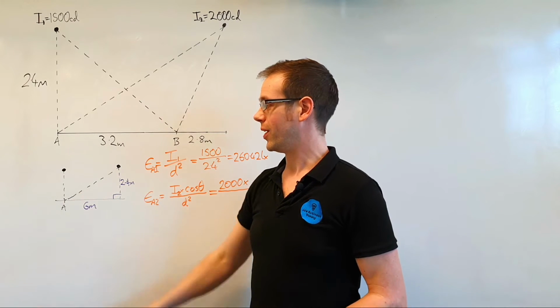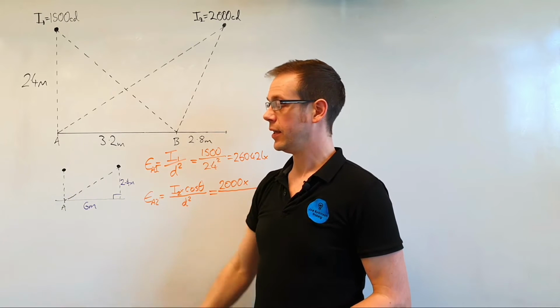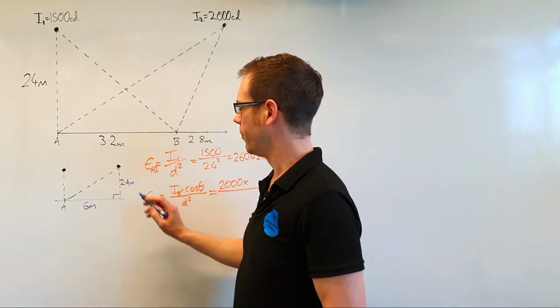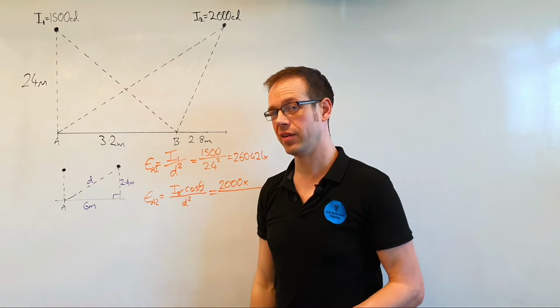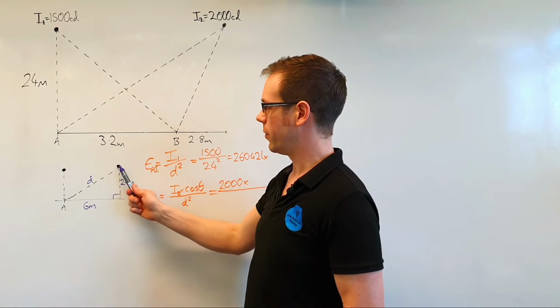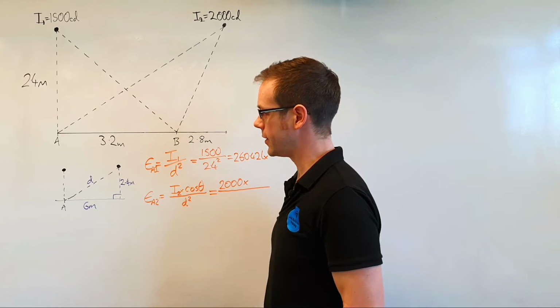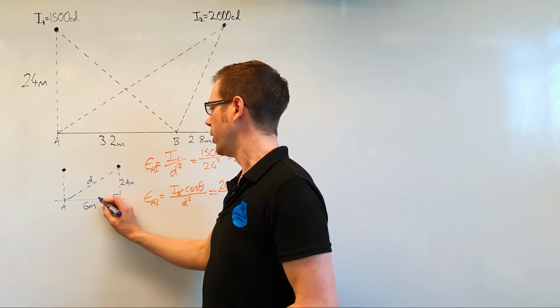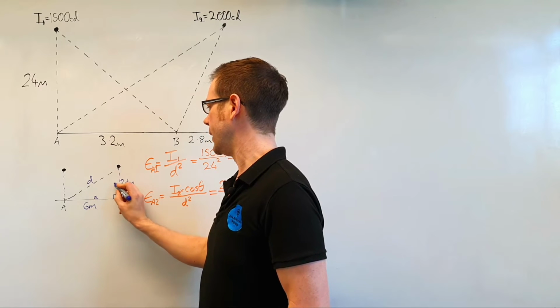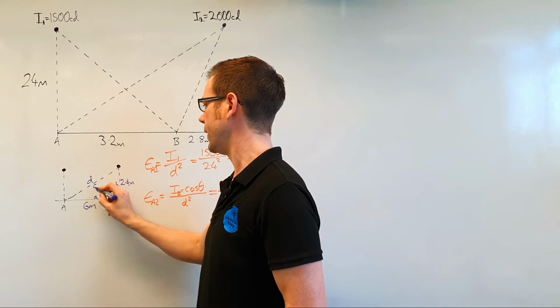So we can now use Pythagoras' theorem to calculate the value for distance. So we normally think of this as being d for the purposes of this kind of calculation. That's the distance from the light fitting to the point that it's illuminating. But if we were to view the classic Pythagorean theorem, we'd view this as being perhaps A, B, and C like that.